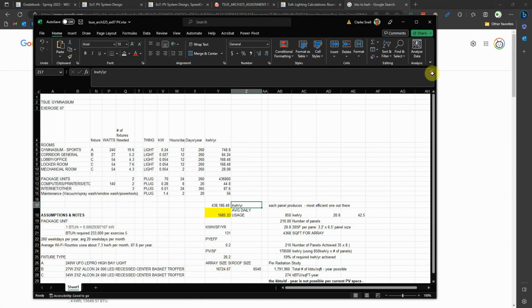And then also, if I'm saying, okay, how do I get from load, this number, and the production capability, which is this number, to the array size, which would be in square feet? Well, I've got kilowatt hours per year, and I've got kilowatt hours per square foot per year.